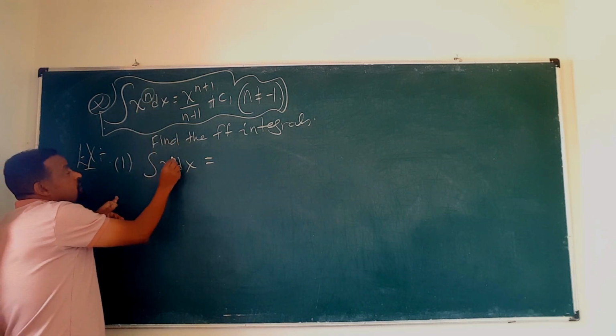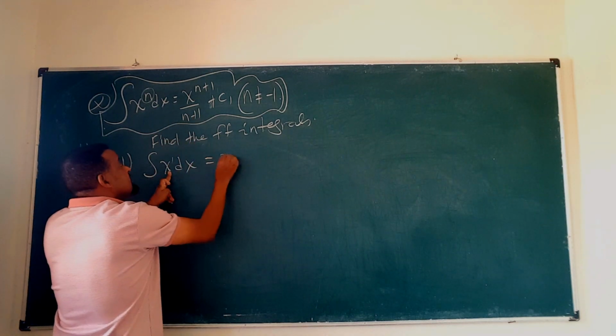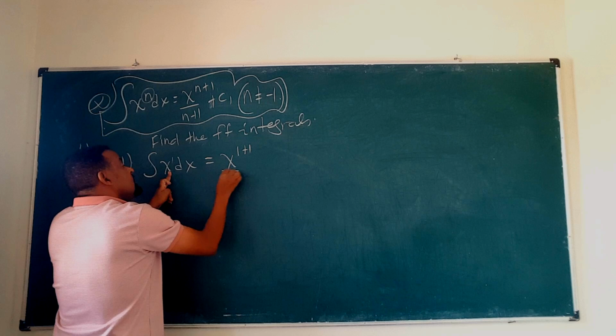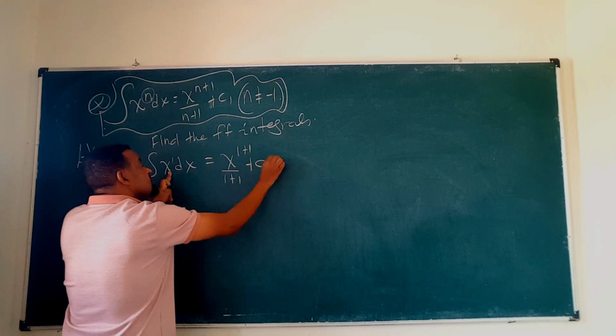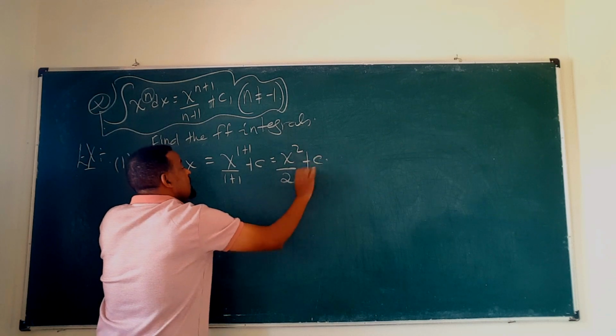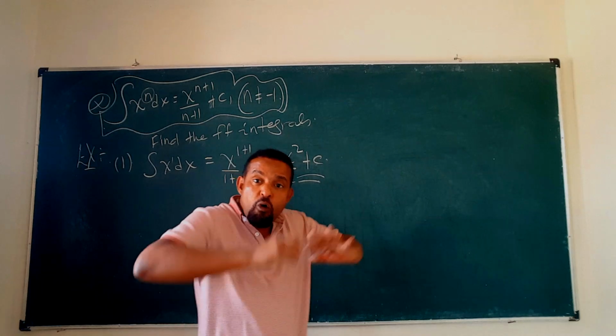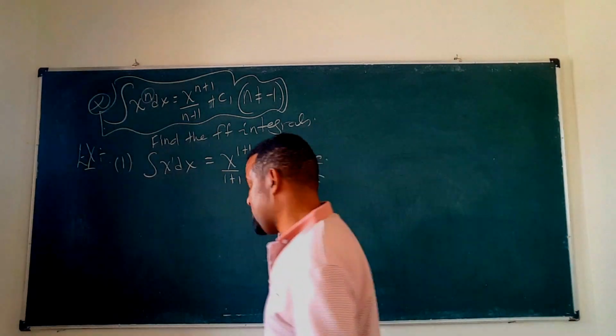What is our exponent? Our exponent is 1. By the formula, this is x to the power of 1 plus 1 over 1 plus 1 plus what? C. So which is x squared over 2 plus c. This plus c must not be forgotten, because it means all antiderivatives.